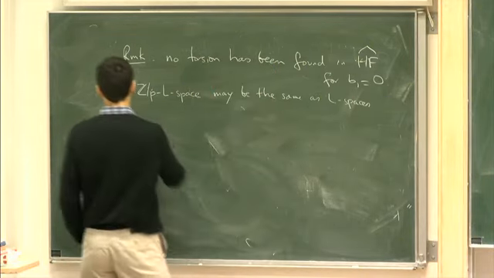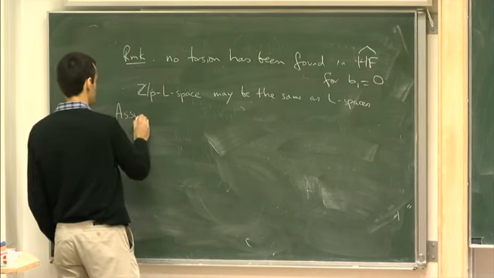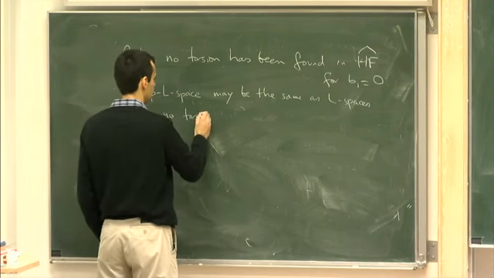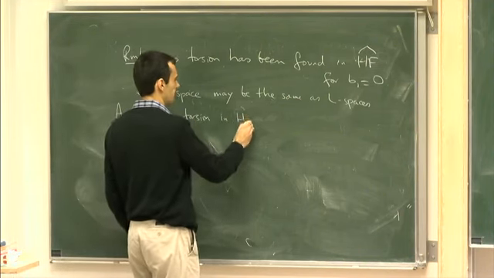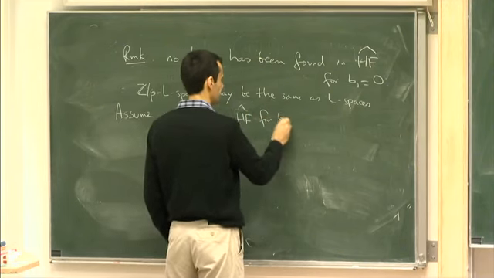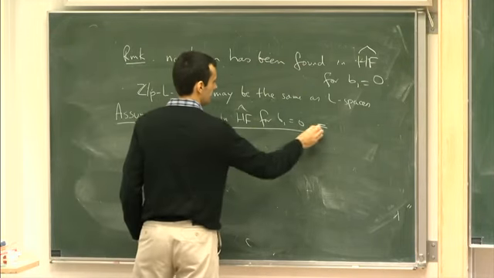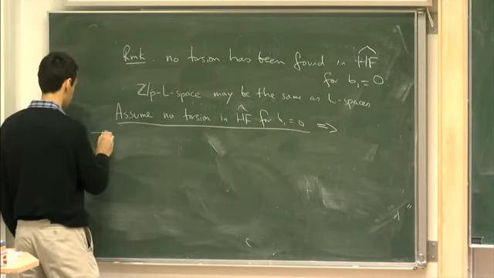And let's assume we're in the world where there's no torsion in HF hat for b1 equals 0. Let's say this was true in general. Then under this assumption, we could state the following theorem.